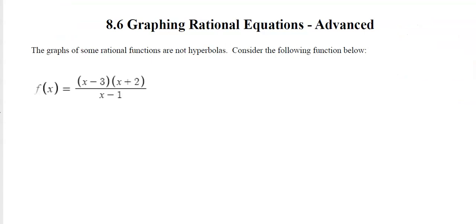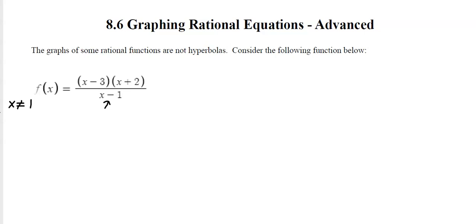It says the graphs of some rational functions are not hyperbolas. Consider the following function below. I want to start with graphing this thing, and then go through and look at a few key features of it. The first thing I noticed is that on the bottom I can't have 0, so there's going to be an asymptote. x cannot be equal to 1, because that'll give me a 0 down there.